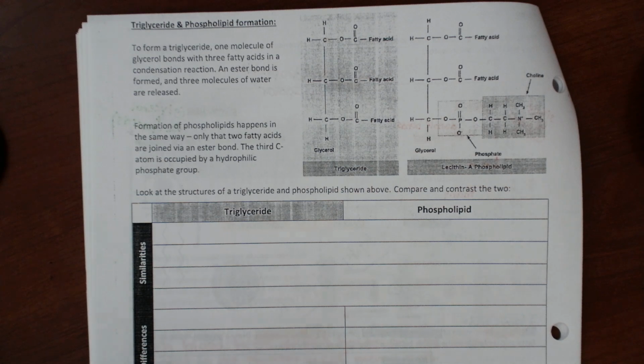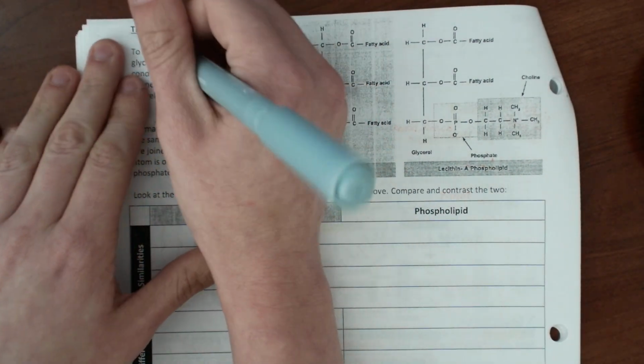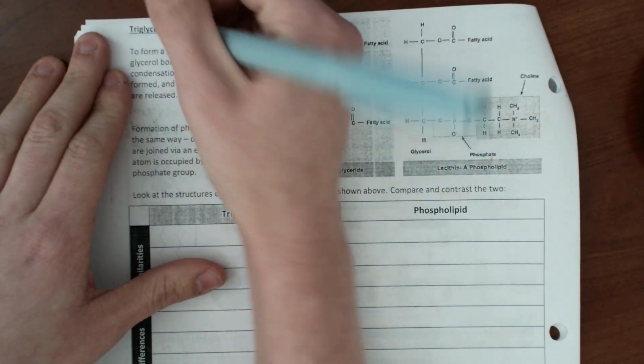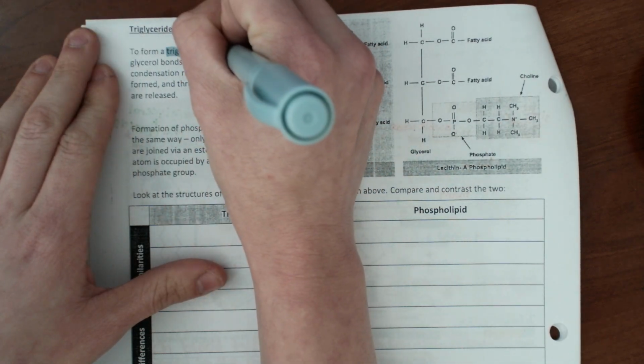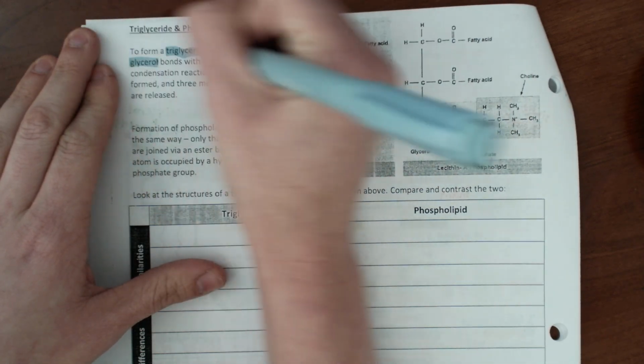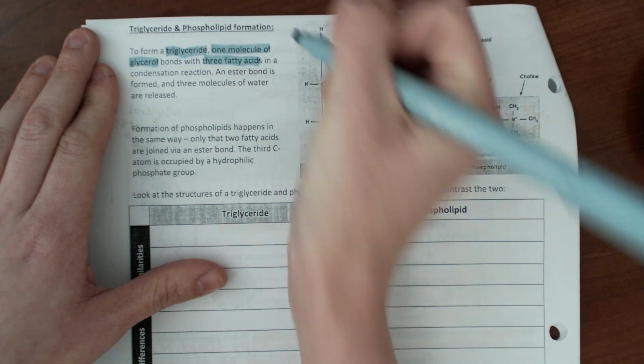So to form a triglyceride, you have, oh, come on. Triglyceride is 1 glycerol, 3 fatty acids.